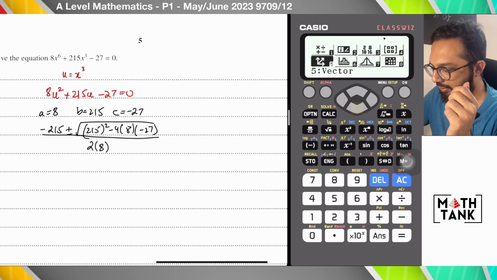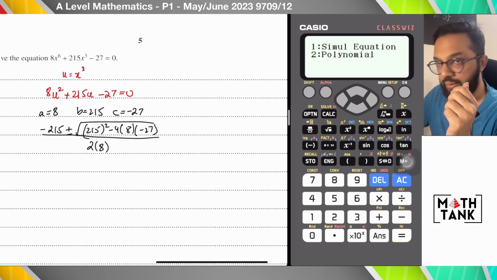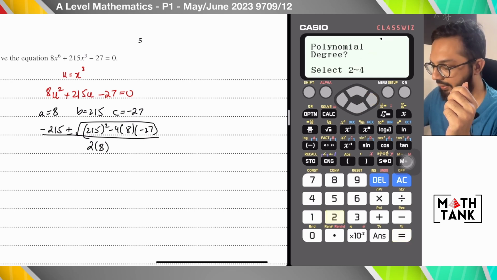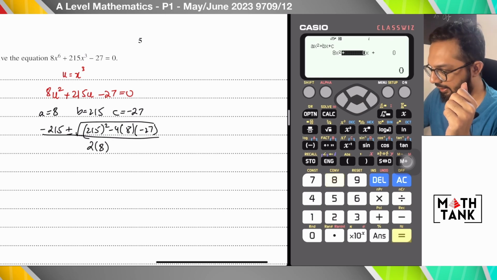I go to equation down there. Then I go to polynomial. I select degree 2 and I input my a, b, c: 8, 215 and minus 27. That way I avoid making an error.